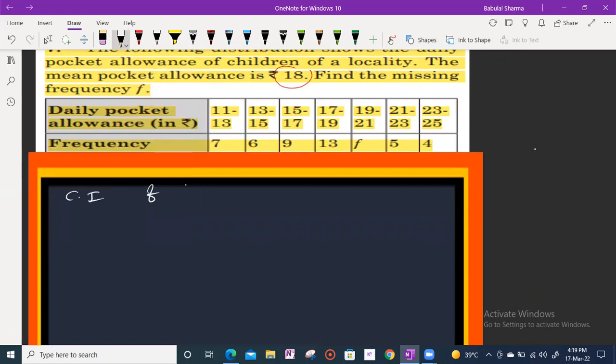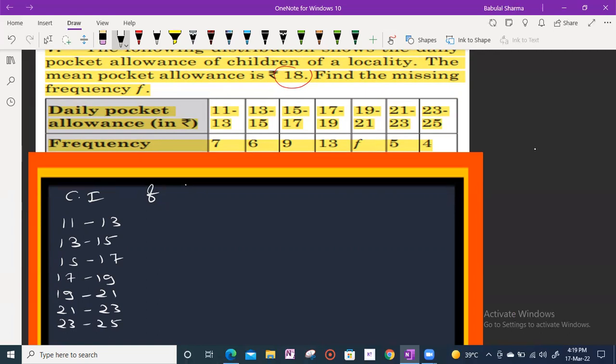class interval, then frequency. The class interval is 11 to 13 and 13 to 15, 15 to 17, 17 to 19, 19 to 21, 21 to 23, and 23 to 25.